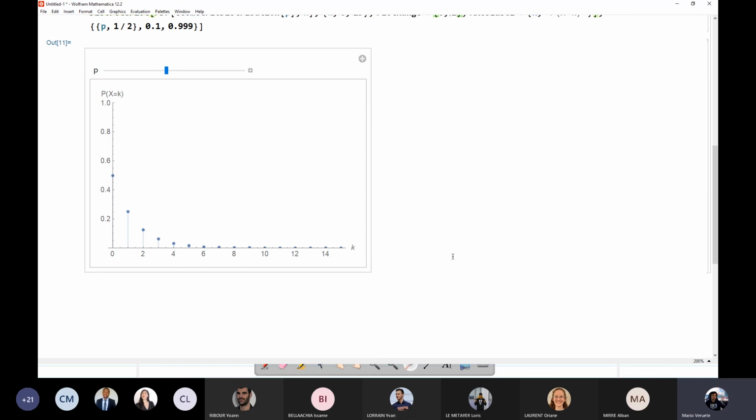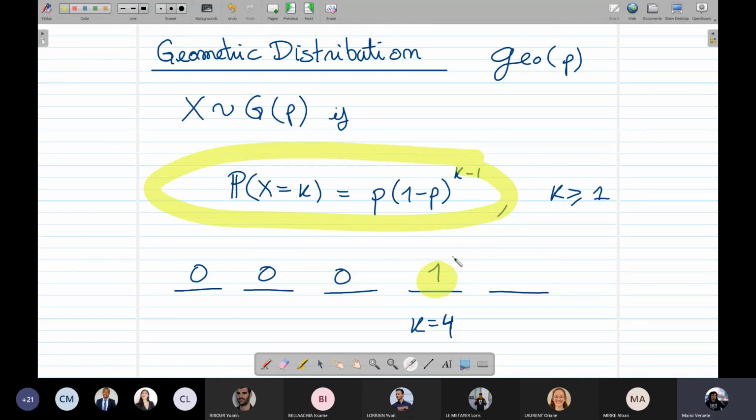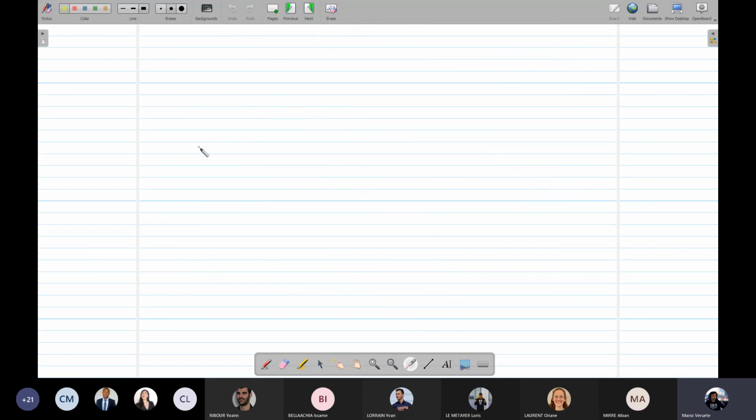Normally it's super easy. Yes. Okay, perfect. What can be said about the geometric distribution? Well, the same as before. What's the value of the expectation?